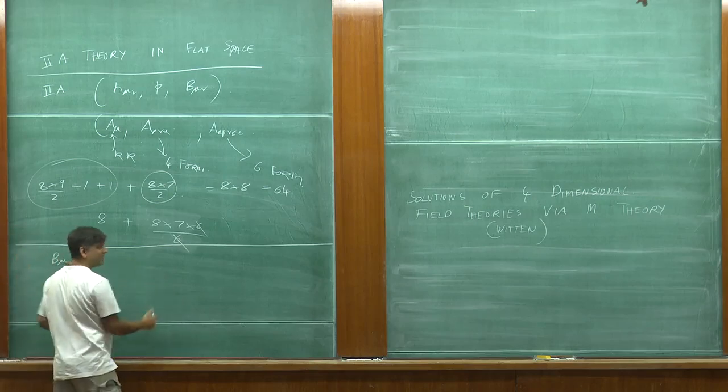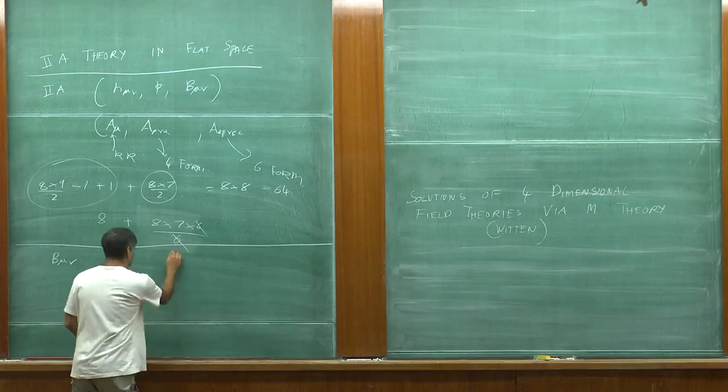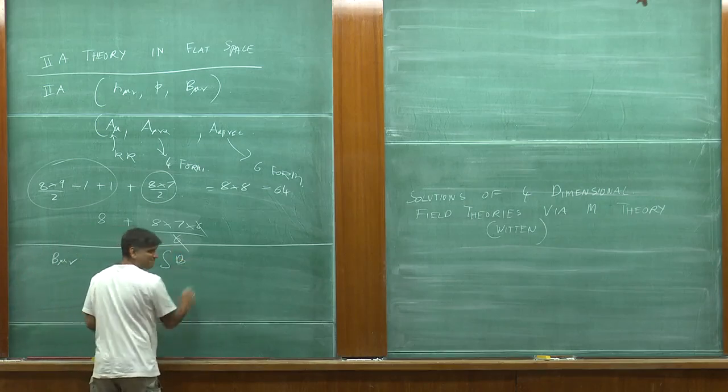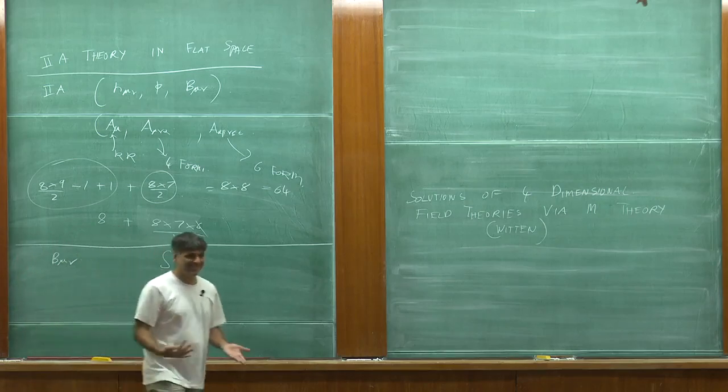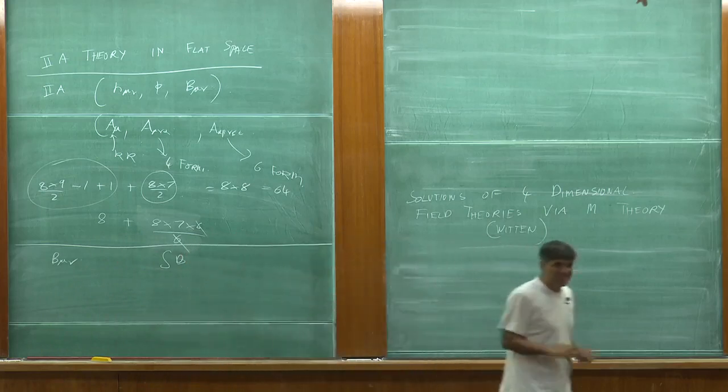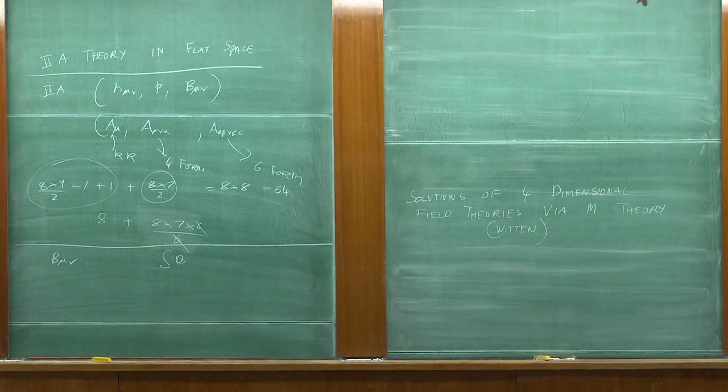This you see from the fact that if you look at the world sheet action of the string, there is a term which is integral B. That's the coupling of B mu nu to the world volume of the string. So B mu nu is the most familiar one because the state that is charged under B mu nu is the fundamental string itself.